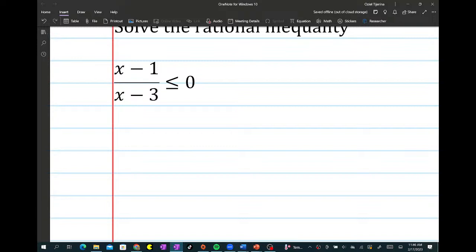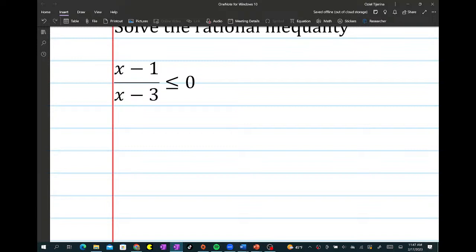So let me just go ahead and do this. Okay, so obviously we want to solve this for x, and the way that we're gonna do this is we want to list our restrictions, right?